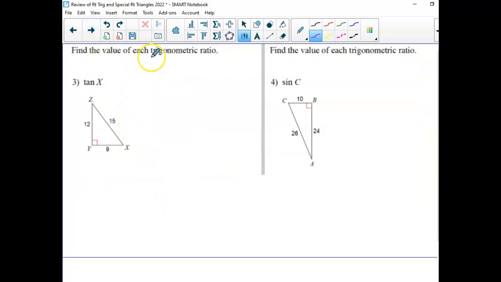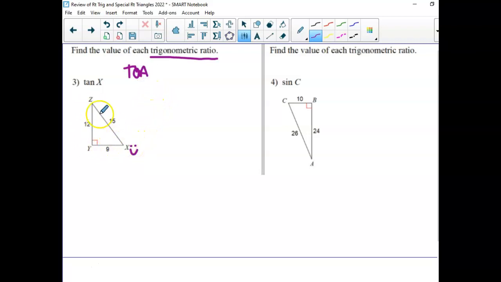So this just wants you to find the value of the trig ratio. A trig ratio means a fraction, guys. A ratio is a fraction. So it says stand at X down here, put my smiley face, and find the tangent. Well, the tangent of X means I need the ratio of TOA, or opposite over adjacent.